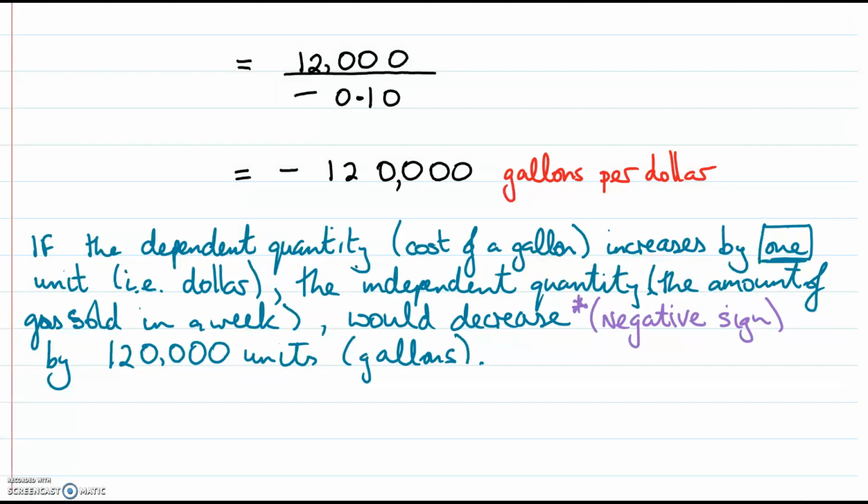Obviously we're assuming that the relationship between these two would be unchanged, but you might find that that's not the case. In fact, in this situation, I'm sure it definitely wouldn't be the case, but based on the data that we have, this is the best we could do. So if the cost of a gallon increased by 1 unit, or $1, the amount of gas sold in a week would fall by 120,000 gallons.